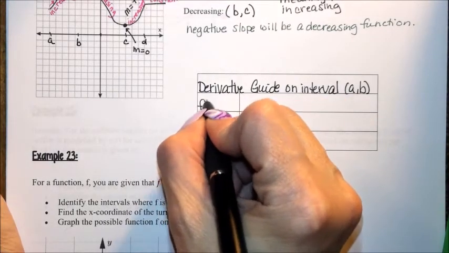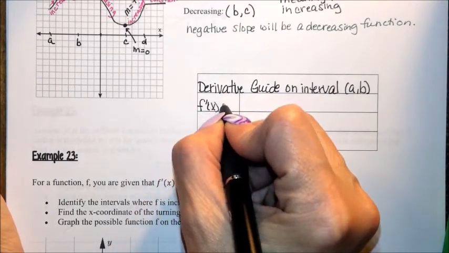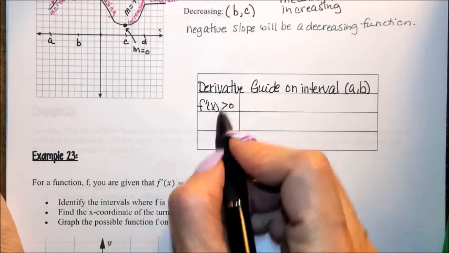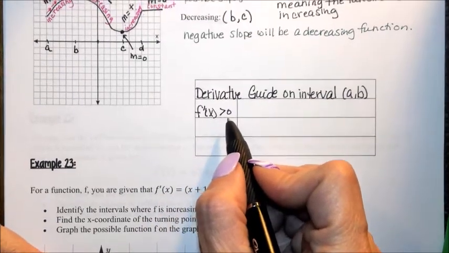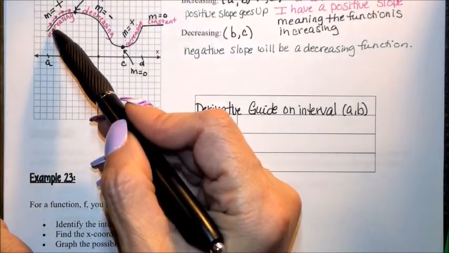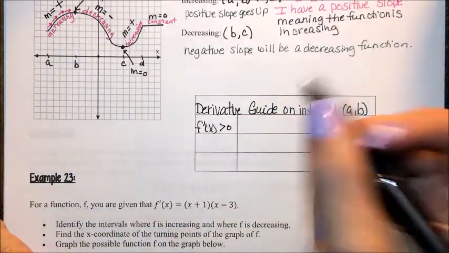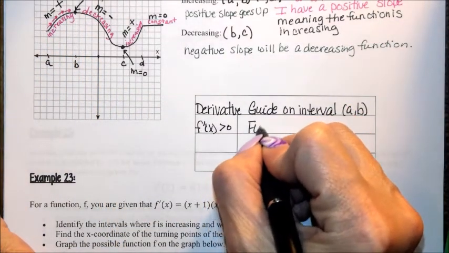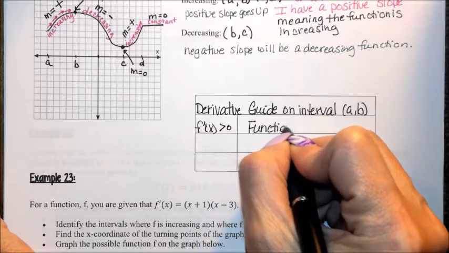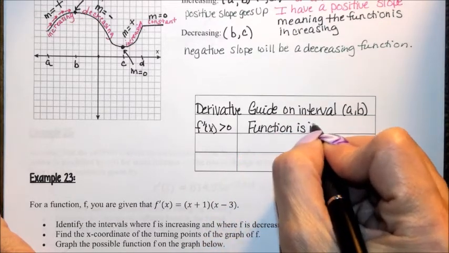If f prime of x, if the derivative is bigger than 0, if the slope is bigger than 0, the function is increasing.